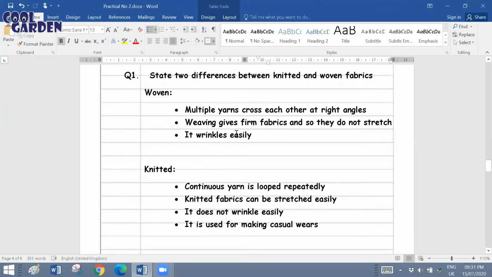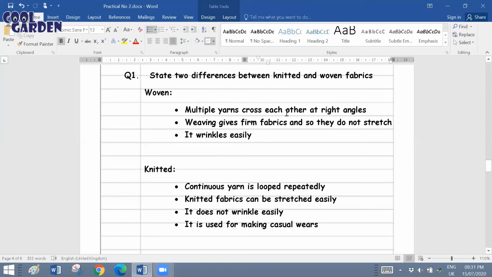Because it is woven, the fabric is quite firm and does not stretch. But such types of fabrics wrinkle easily. So these 3 points which we already discussed in the previous one, that is what you're supposed to write.